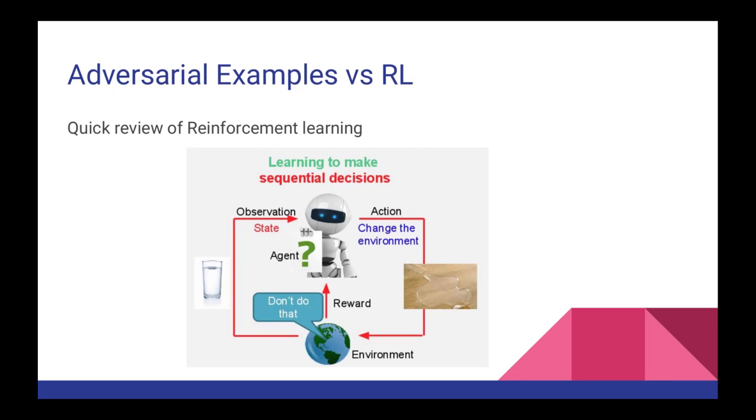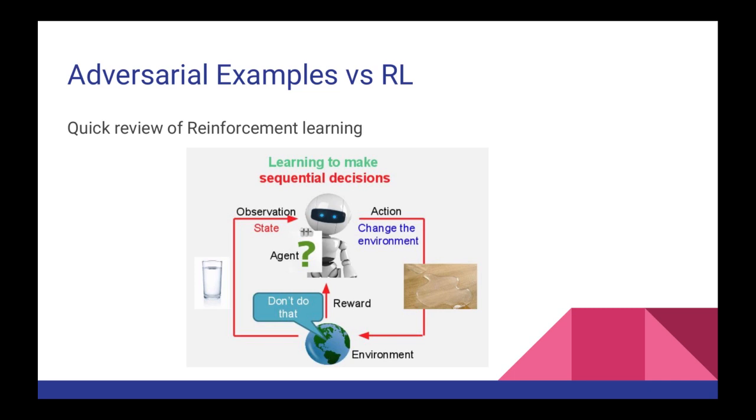So what about adversarial examples in reinforcement learning? For those of us who are not familiar with reinforcement learning, it's a third class of machine learning. So you're probably familiar with supervised learning and unsupervised learning. Reinforcement learning, on the other hand, is actually an interactive way of learning based on the concept of conditioning.